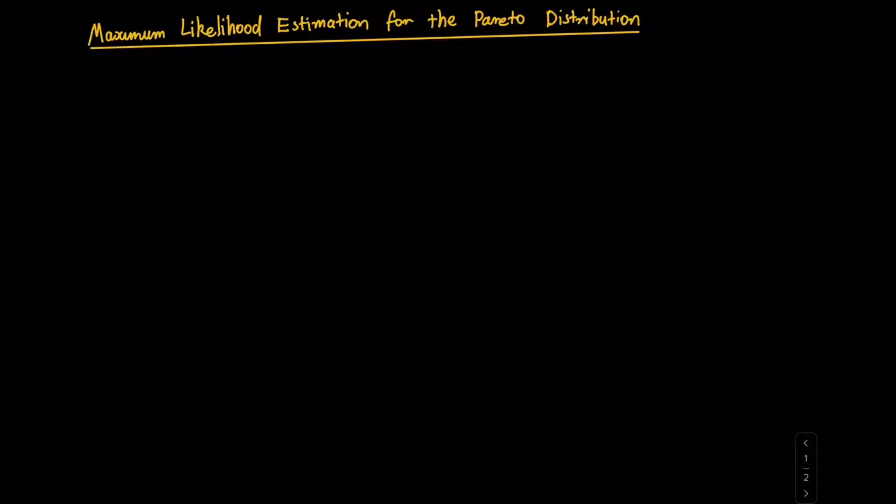Welcome. In today's video, we are going to look at the maximum likelihood estimations, or the estimators, for the Pareto distribution. To begin with, let us set up our problem.